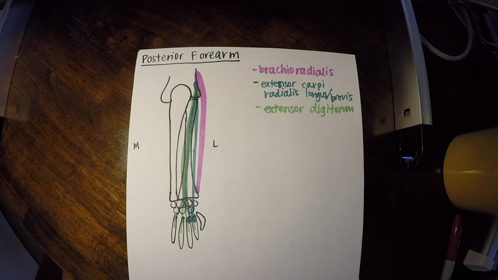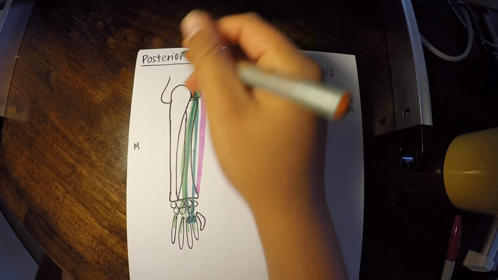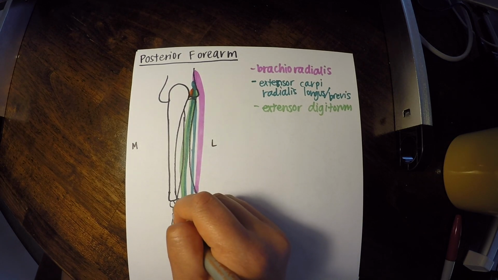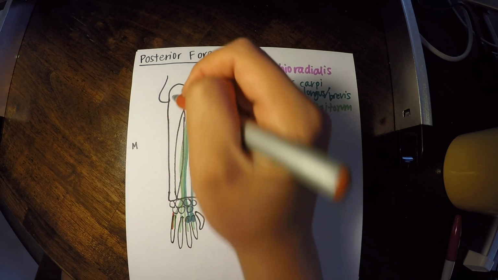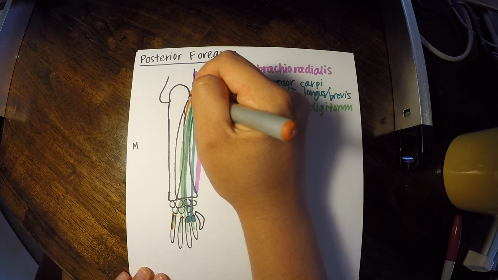Our next muscle we have is our extensor digiti minimi. Extensor digiti minimi will come again from superiorly, and then it's going to make its way down into the 5th digit, or like the pinky finger.